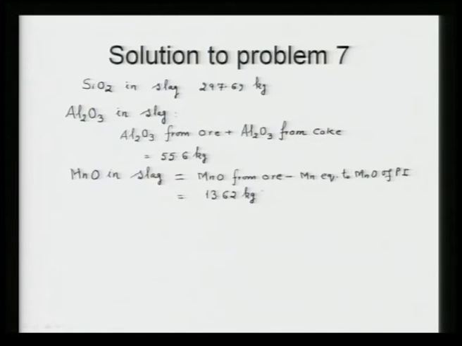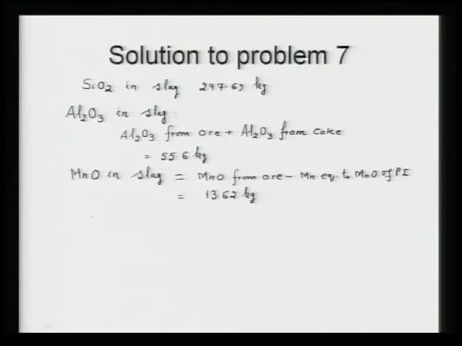Similarly, in this particular problem the coke contains FeS. If you notice the composition, coke contains FeS. So, FeS of coke will react with calcium oxide and it will form calcium sulphide.